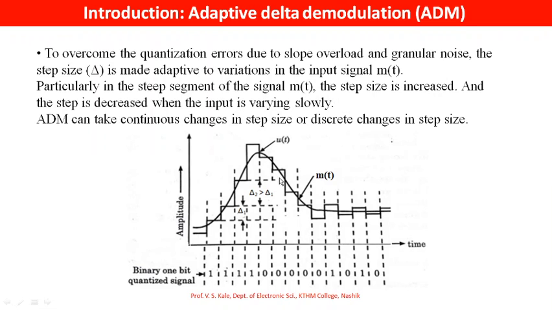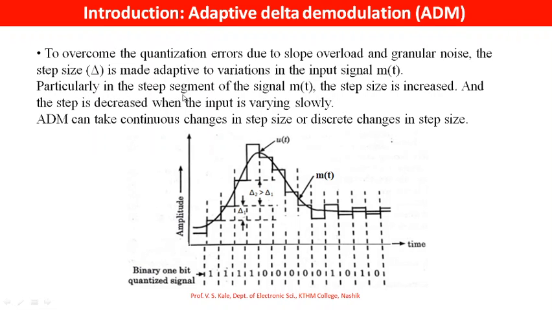Here also, when signal amplitude is decreasing, the step size, that is the height, that is delta, is also changing for rapidly increasing signal as well as rapidly decreasing signal. This change in step size or height is called adaptive delta modulation. That is, adaptive means variation is there.